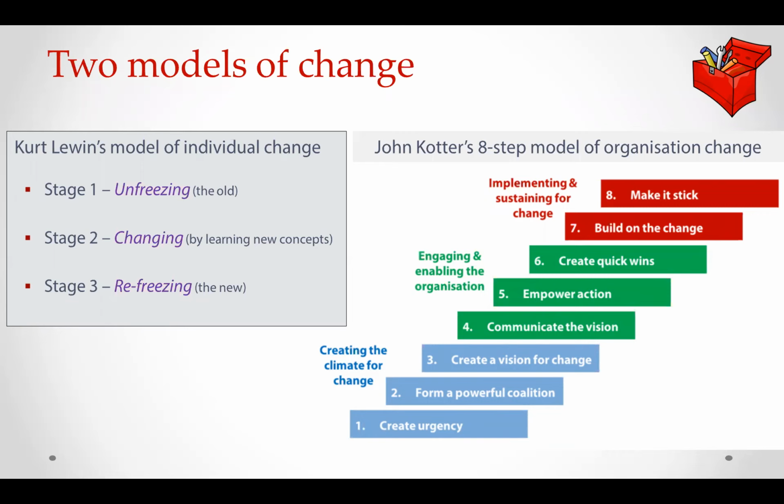The idea of Kurt Lewin's model is that you go through 3 stages before the new behavior, attitude, or values are crystallized. Last week we looked at John Kotter's 8-step model of change, which seems to be inspired by Lewin's 3-stage model, and the large groups of activities are color coded.